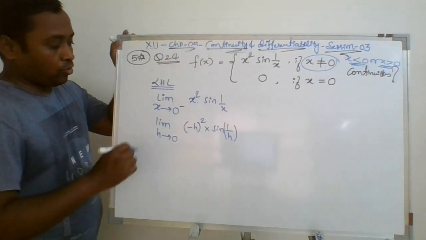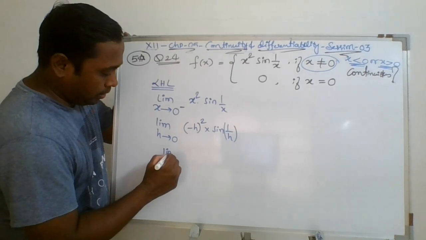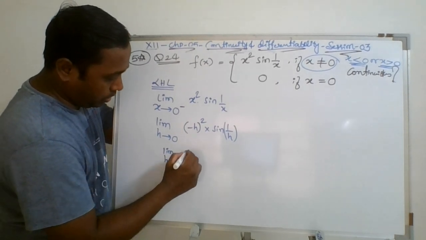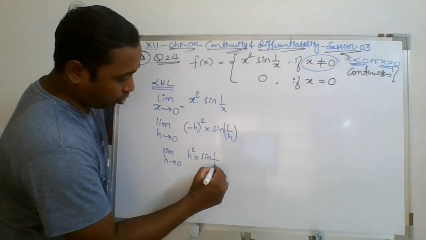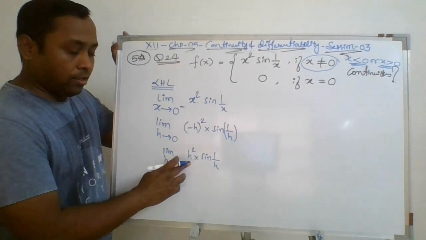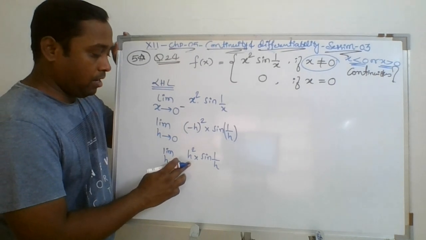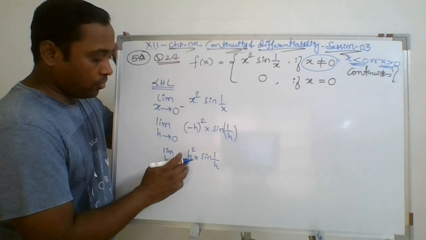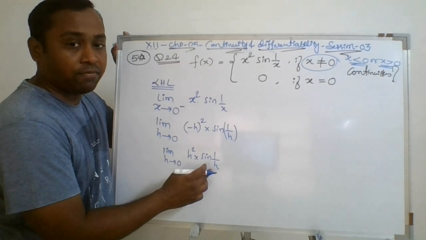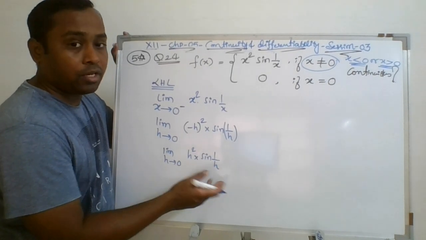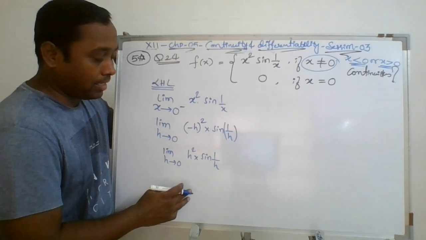Are you getting it? Now if you simplify further, limit h tends to 0, it becomes h square into sine of 1 by h. If you directly substitute the value 0, it becomes 0 square into sine of 1 by 0. 1 by 0 means again infinity. For that value, we cannot find the value of sine theta.